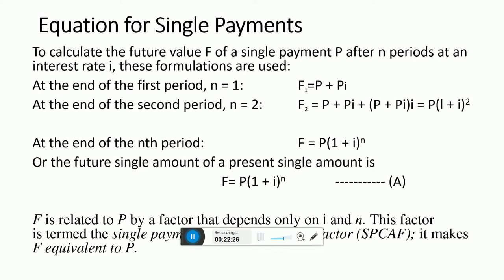And this single payment compound amount factor makes P equivalent to F, or F equivalent to P, but these are not equal, they are equivalent.